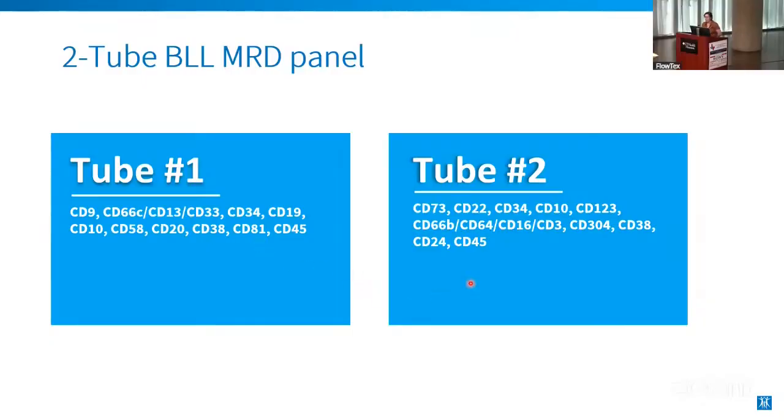But tube 2 is a totally different way of approaching it. As you can see, we don't have CD19 in tube 2 because we didn't want to be too reliant on that, because it's often a marker that they're targeting with treatment.